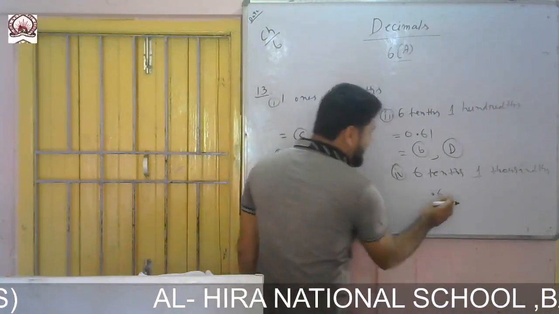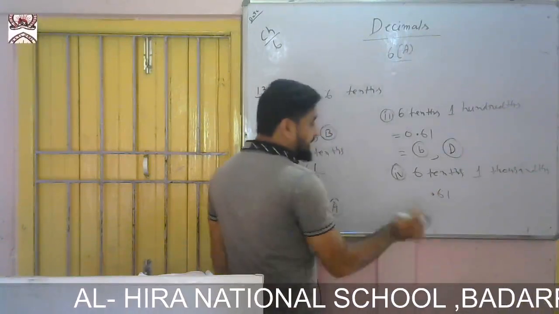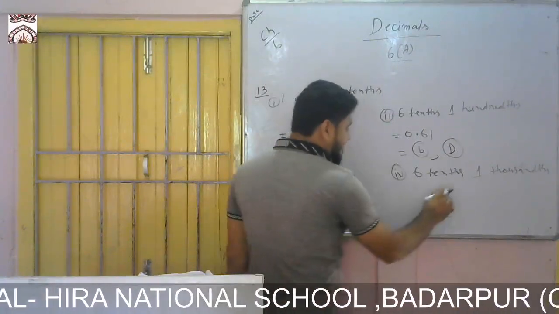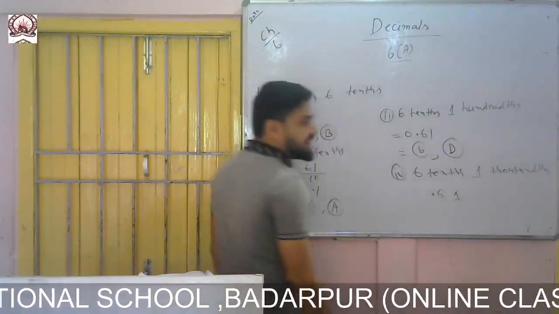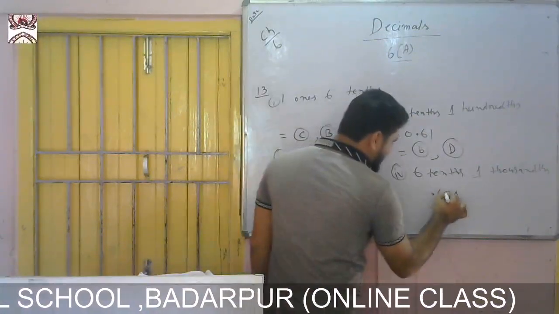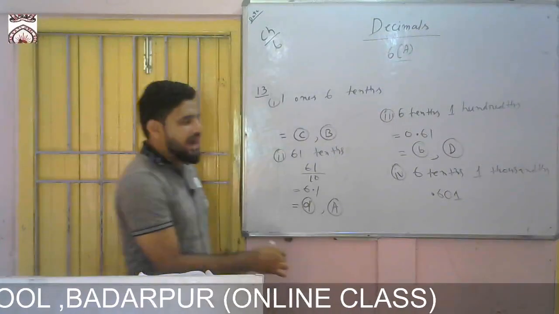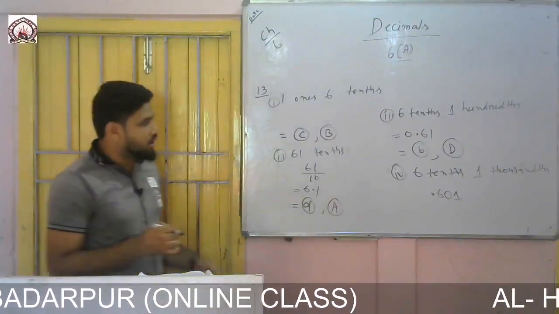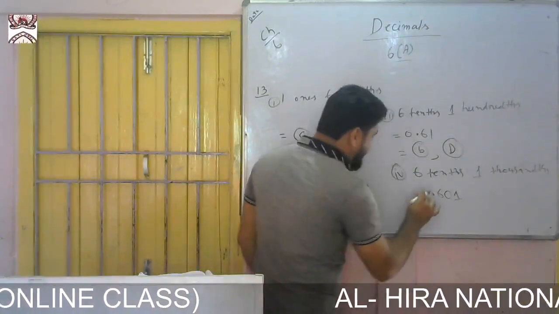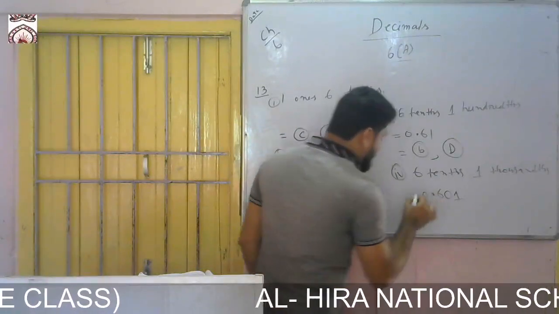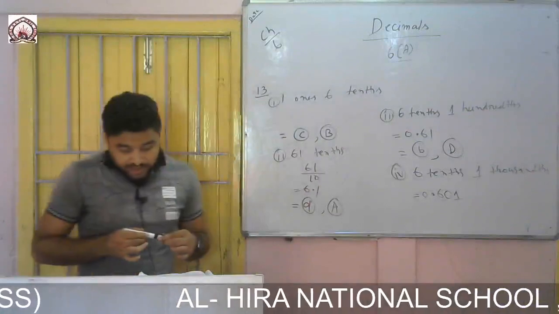If I write 1 here, it will be in the hundredths place, but I need to write it in the thousandths place. So one place is empty, and I put 0. So it is 0.601.